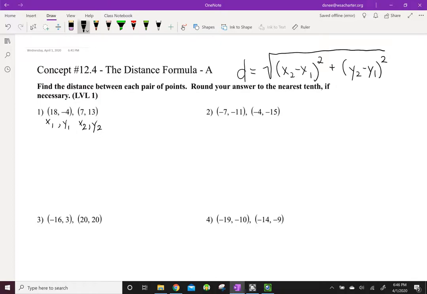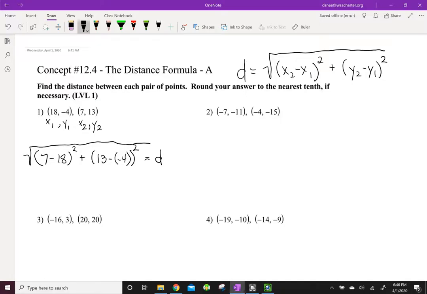So we're going to put x sub 2, 7, minus x sub 1, 18. We're going to square that, and we're going to add y sub 2, 13, minus y sub 1, minus negative 4. And we're going to square that value, and we're going to take the square root of the whole thing, and that's going to equal the distance between those points.